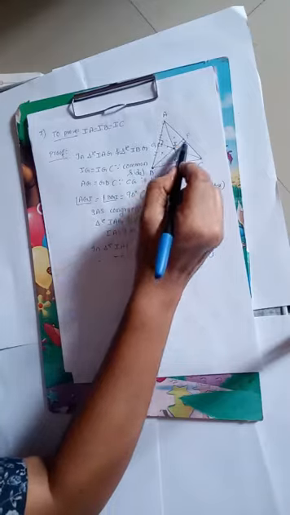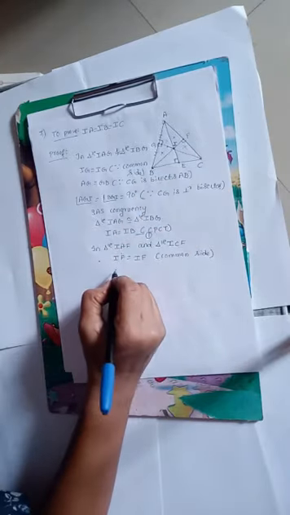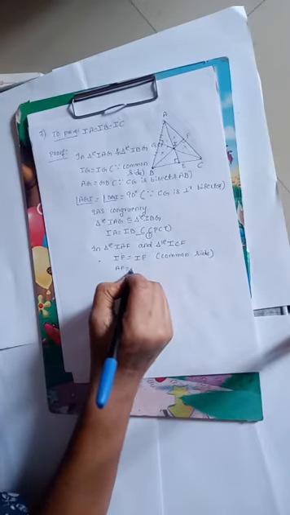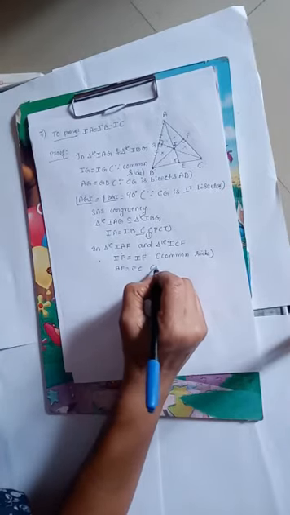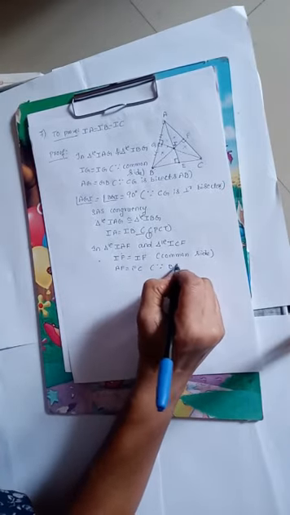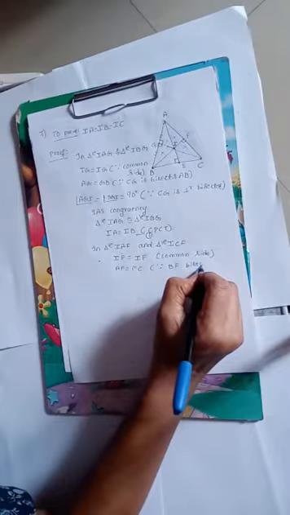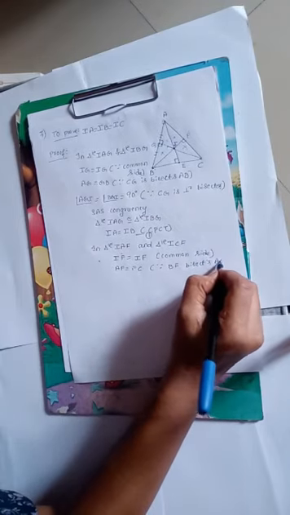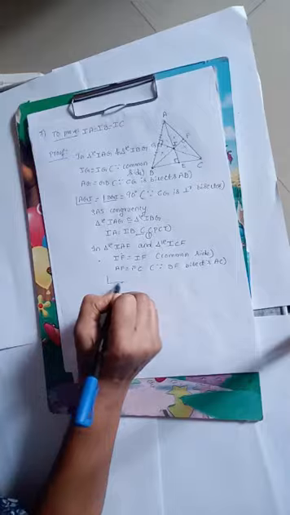And again BF is the perpendicular bisector of AC, so from that you can tell that AF is equal to FC, because BF bisects AC.